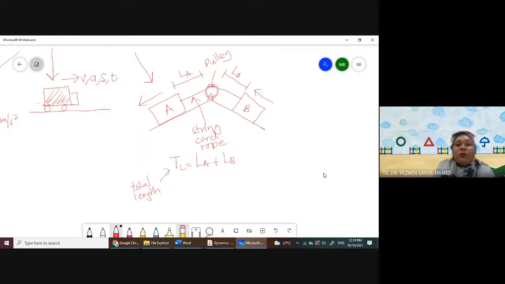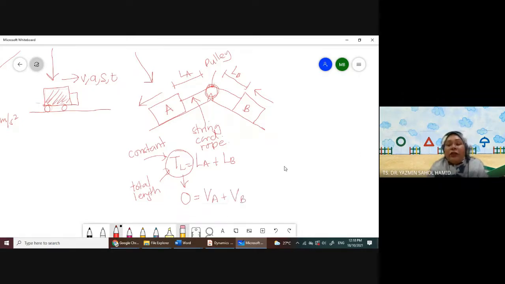Okay. So bila you differentiate the total length of the spring yang constant, kalau you differentiate something that is constant, what will happen? If you differentiate, dia akan jadi zero. Tapi if you differentiate a string that changes length within time, dia akan jadi velocity.